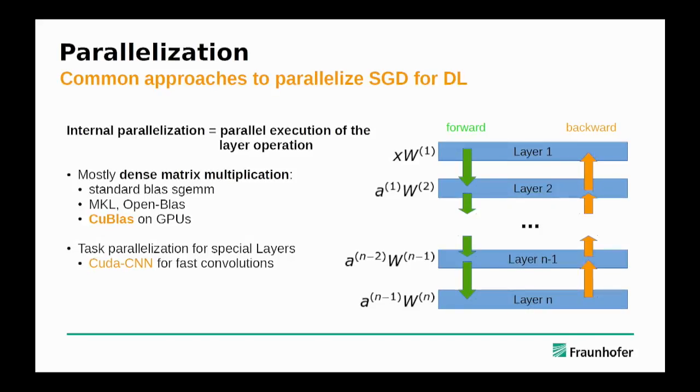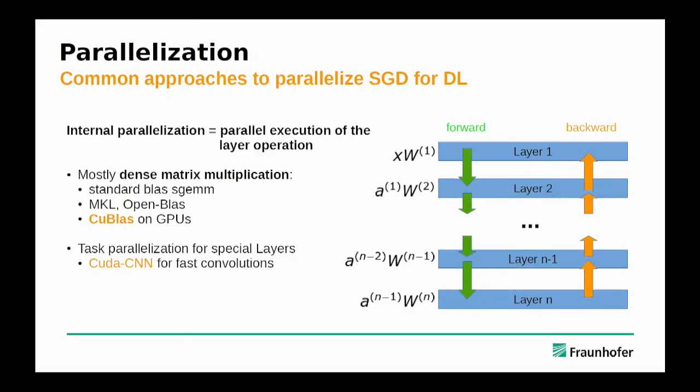This is well understood in HPC, so we have the standard implementation. Basically what you see here are BLAS operations. You have your math kernel libraries for CPUs. You have the equivalent versions for GPUs and so on. So you know how to parallelize these operations on your local node.